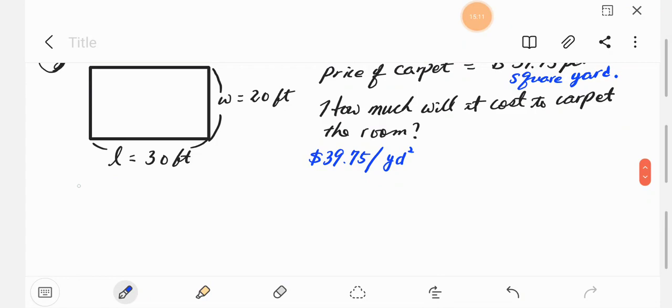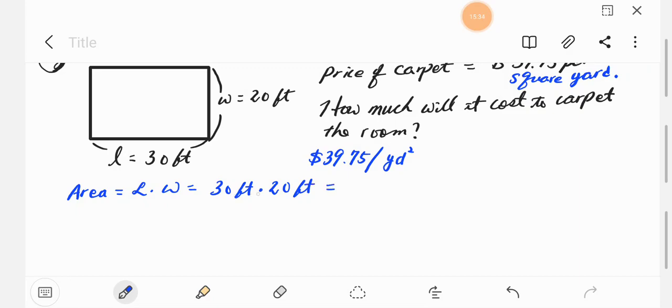So what's the area? In order to do this, we have to find the area. Then the area of a rectangle is length times the width. So length is 30 feet times the width is 20 feet.